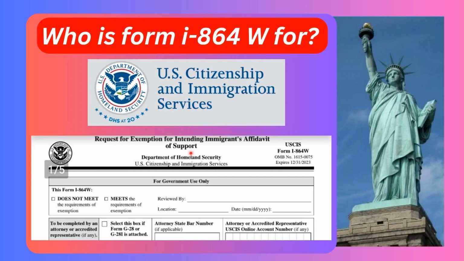This is to tell the government, I qualify for such and such reason for you not to require me to meet that financial responsibility through filing I-864. So the W stands for waiver.